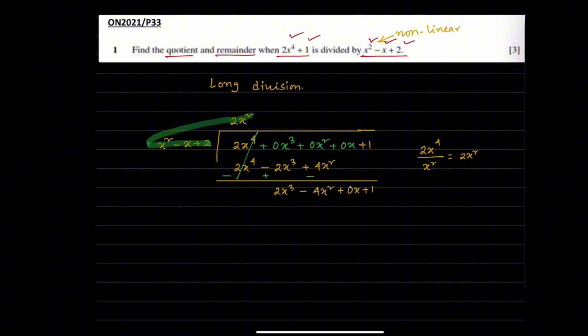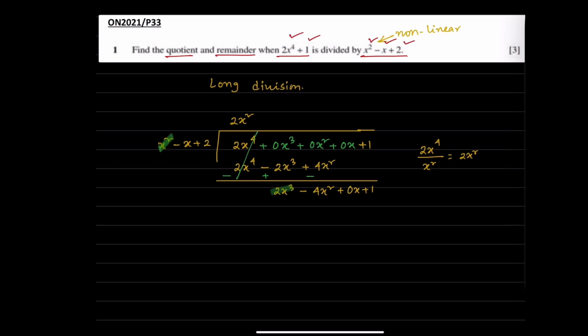For the second step, just repeat the step for the second quotient. So we have inner first term, outer first term. So that will be 2x cube by x square, that is 2x. We can write 2x as our second quotient.